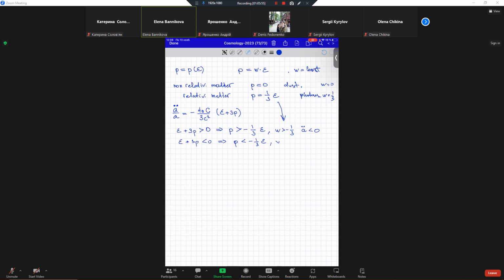So w is less than minus 1 divided by 3. The acceleration is positive, and it means that expansion will be with acceleration. So this is deceleration. This is acceleration.